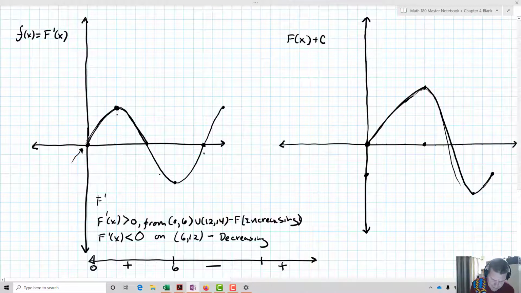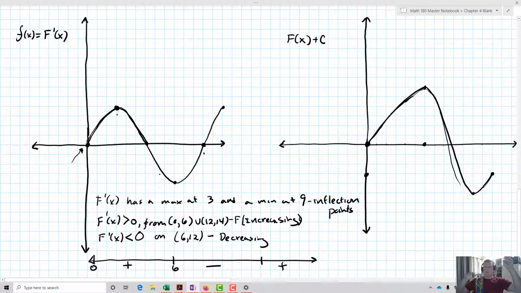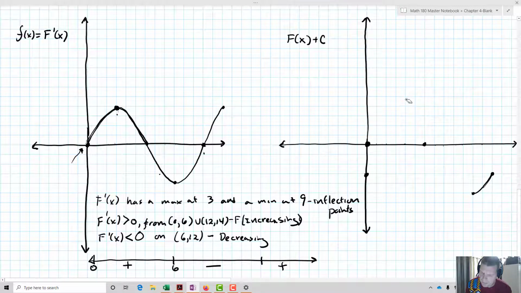So f prime of x has a max at 3 and a min at 9. What those are going to equate to is inflection points. Because the maxes and minimums are critical numbers, that means that the second derivative is going to end up equaling 0. All right, so I'm going to put in some inflection points.